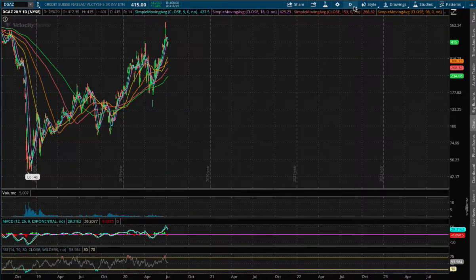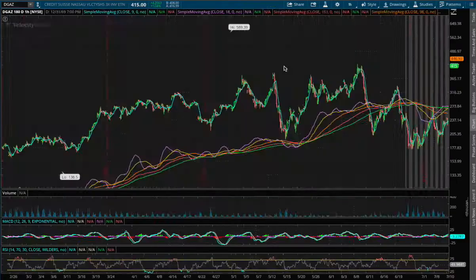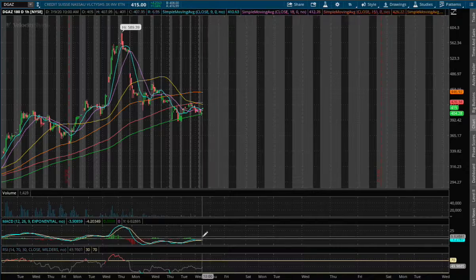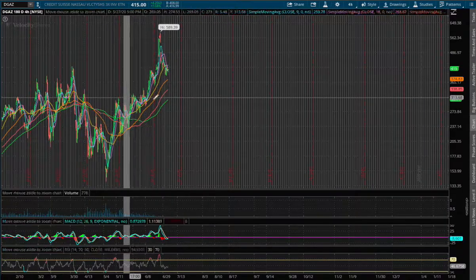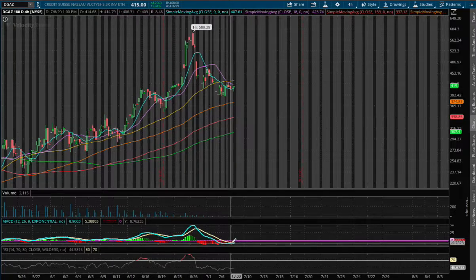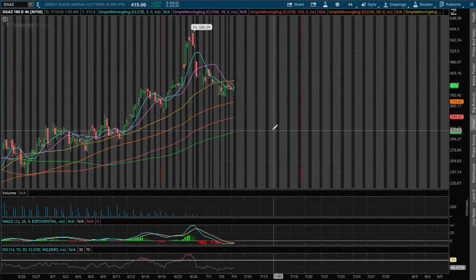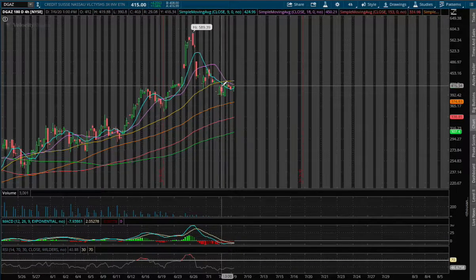DGAZ is currently up 1%, and as for the 1 hour chart, we are now approaching positive MACD on the 1 hour MACD. As for the 4 hour MACD, we see a slight convergence to the upside and a slight reversal on the 9 moving average.